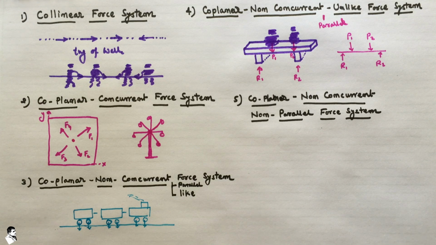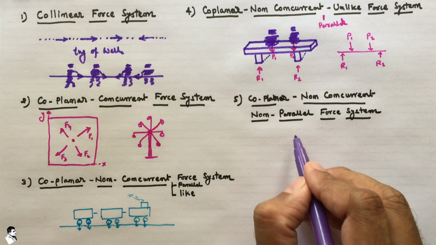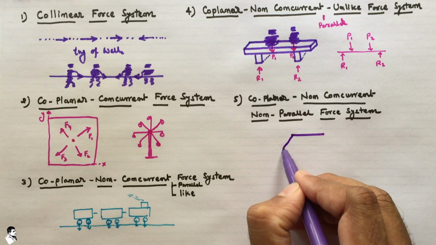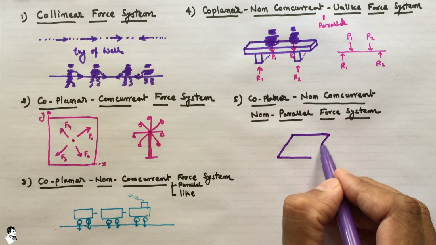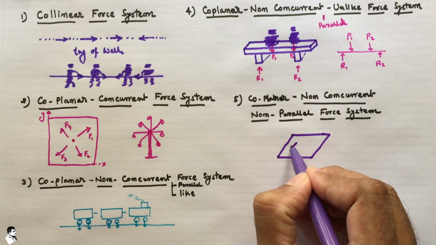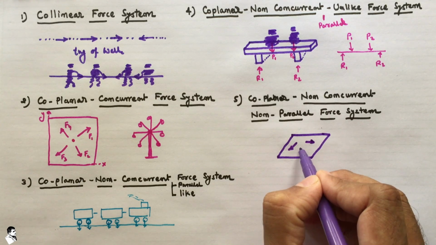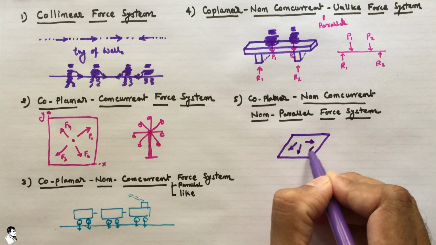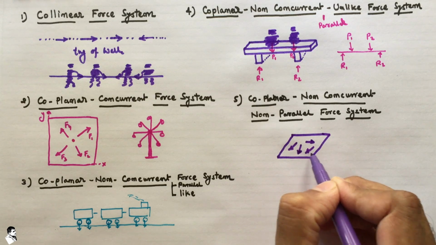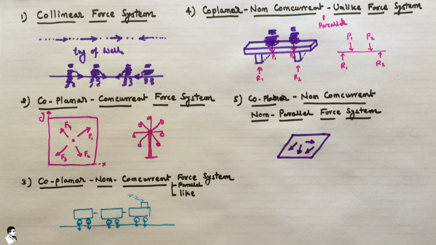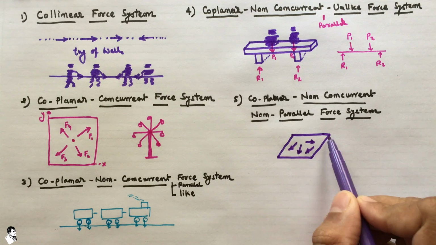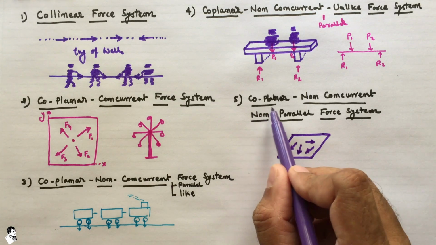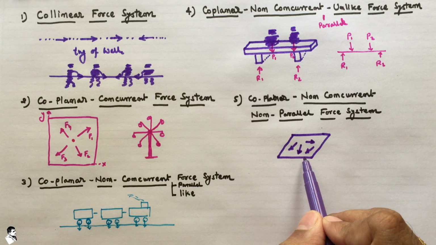Simply I draw one 2D plane, and in that plane you see a number of forces available in a very haphazard manner. This is a 2D plane, so we can say these are coplanar forces.